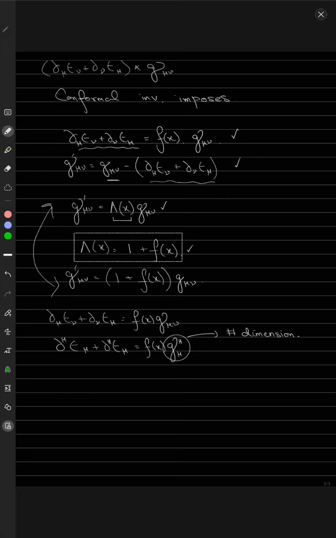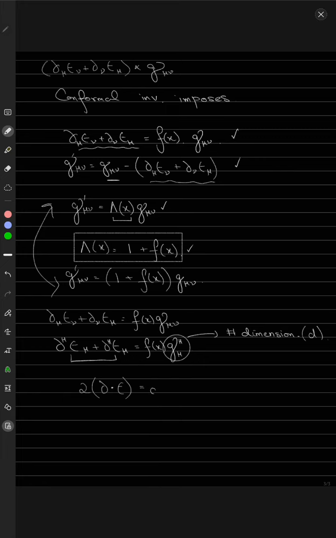So what I can write from this now is that this thing, partial mu epsilon mu, is defined as a dot product of partial and epsilon, but it is 2 times, so I just write 2 times partial dot epsilon. On the right hand side, I have f of x times the number of dimensions. Let's write it with small d.